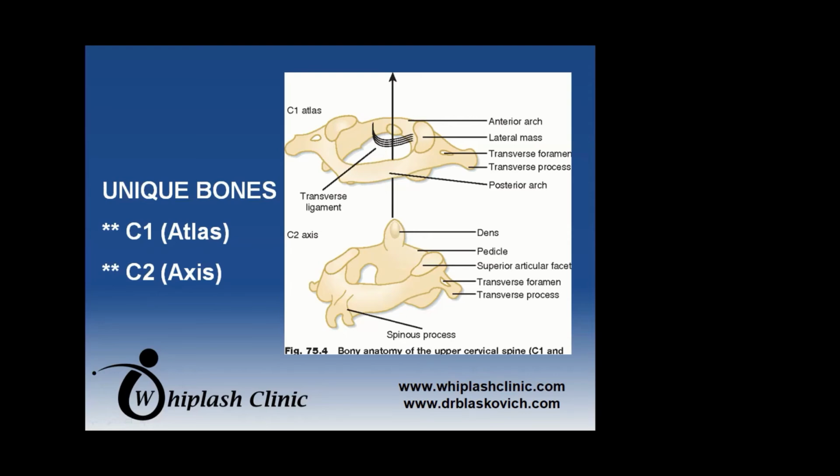So if that gets compressed because these bones are moving too much, you can have all sorts of neurological complications. And again, the C1 is named the atlas, the C2 is named the axis. The other ones don't have any fancy names.